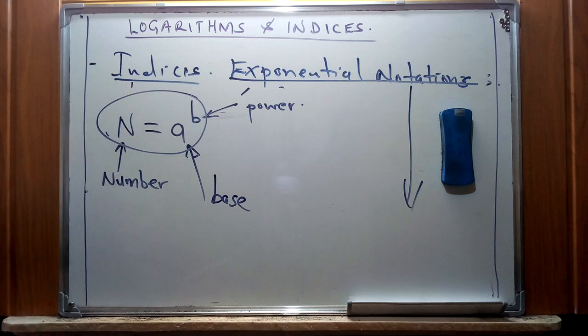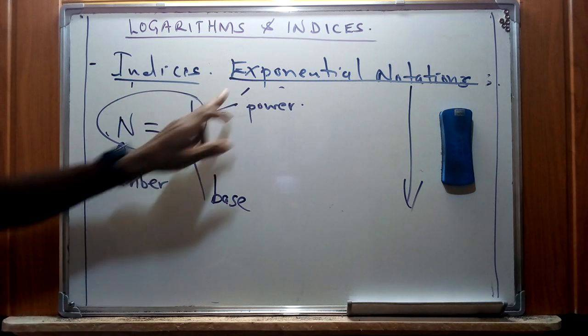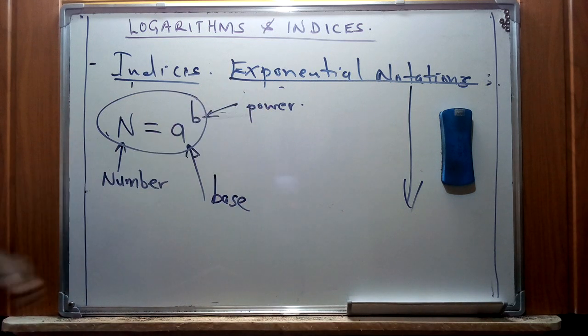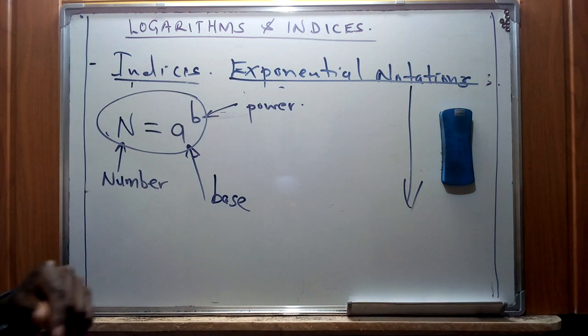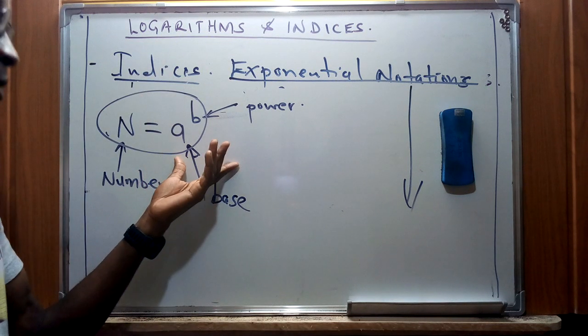But as we have said, the expression of exponential notation contains these three specific elements, which we are going to encounter whenever we're dealing with examples of problems. But of essence for us is first to understand that indices are numbers which are expressed in forms of powers.